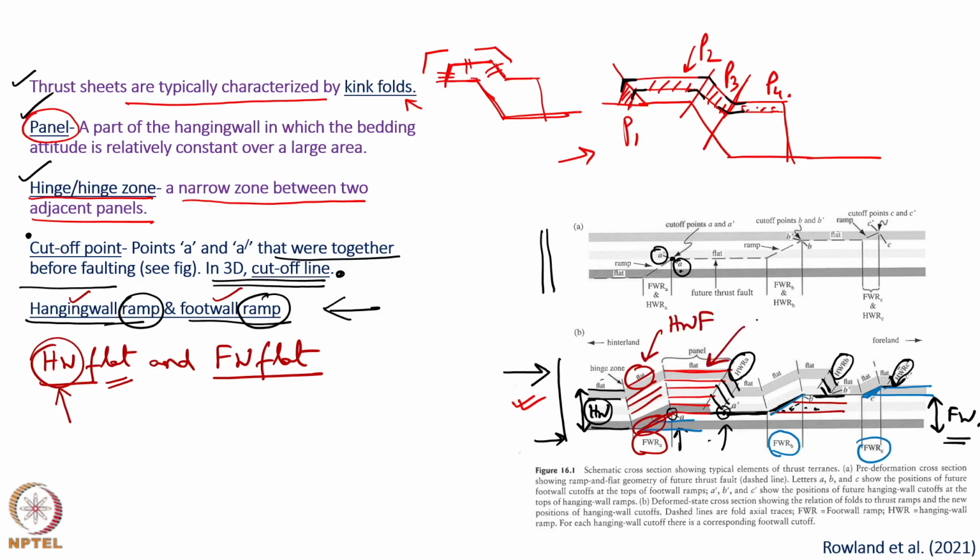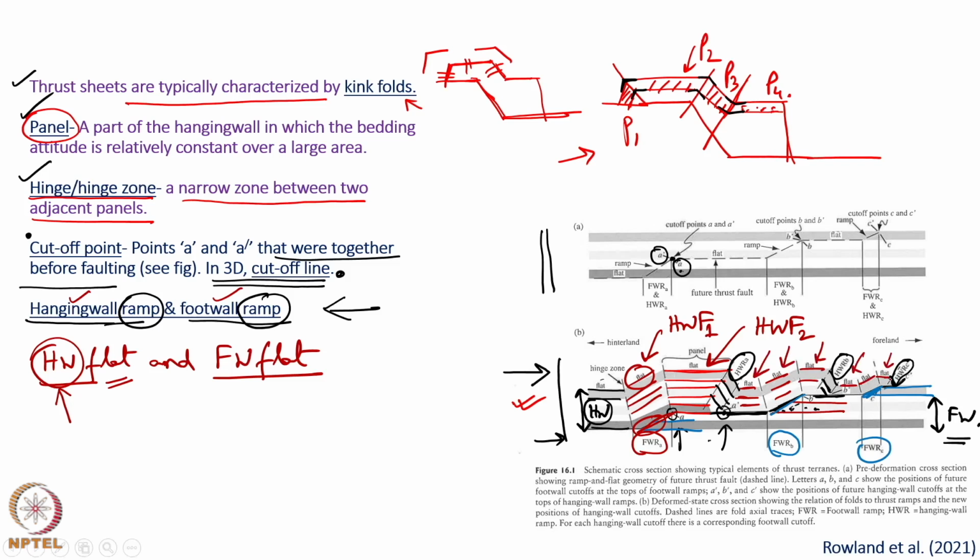Same thing happens here. So, this is again a case of a hanging wall flat. We can call them HWF1 and HWF2. Here also that is the case and there also is the case. So, the hanging wall flat 3, hanging wall flat 4, hanging wall flat 5 have been found. The hanging wall flat 6, hanging wall flat 7, hanging wall flat 8.